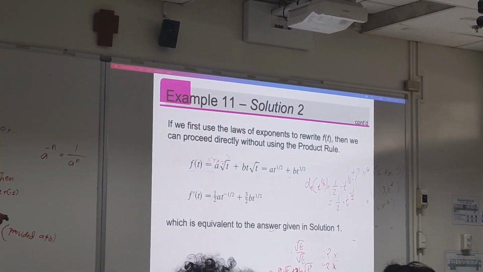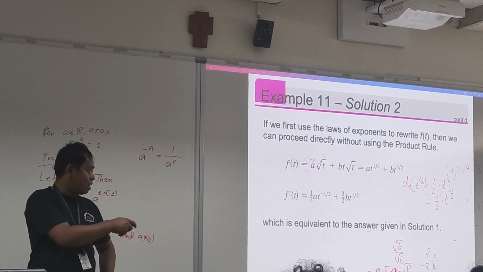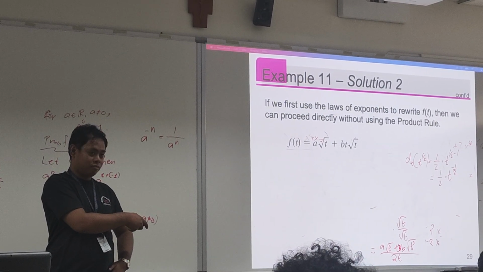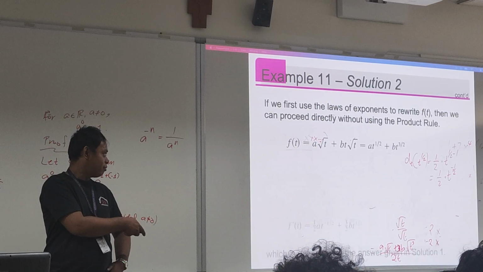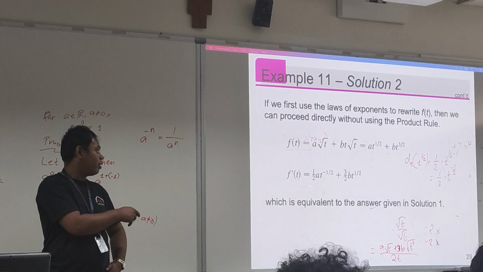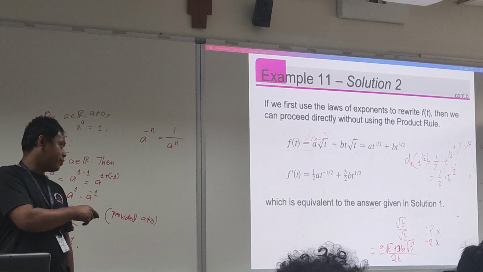And then, from negative exponent, transform to the positive exponent, and then solve further. This one is A over two square root of T. Then combine the terms. So we'll go back to this answer.